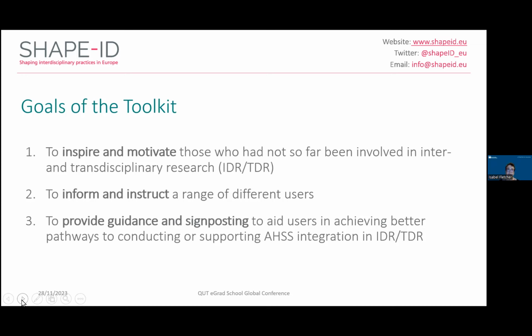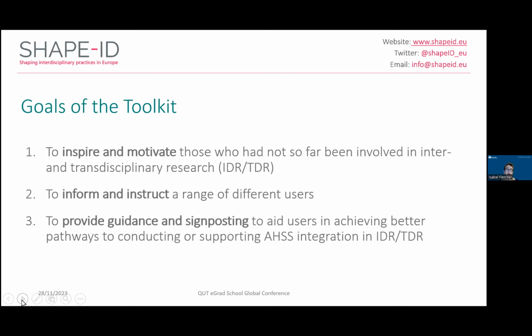was to provide people who are new to the area with pathways through the literature to highlight what we thought was the most useful resources. So we wanted to inspire and motivate those who have not so far been involved in inter- and transdisciplinary research.